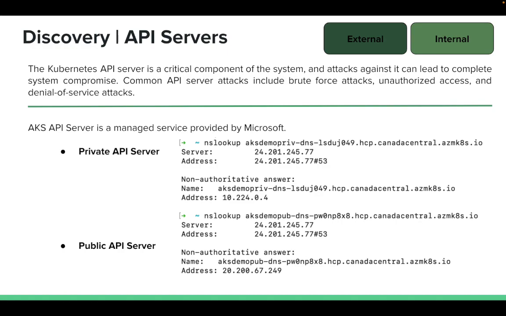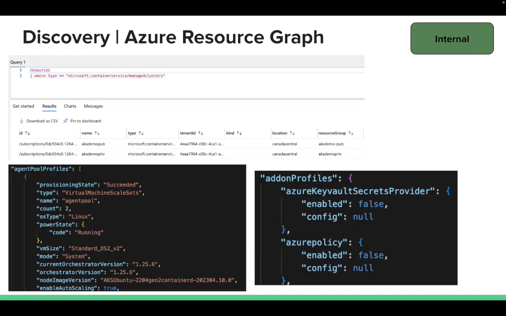When you have a public API server, sometimes it's also possible to apply some whitelisting to the public API server, but it's also sometimes possible to spoof the source IP to bypass the IP whitelisting in place.